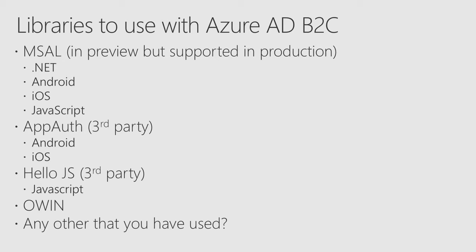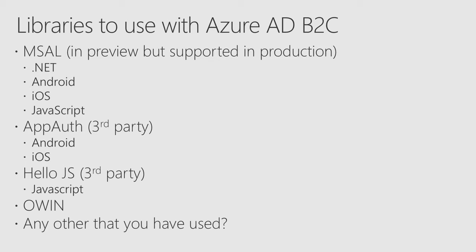So does ADAL not work with all of the B2C? The second question, you mentioned OWIN. What about the core? Oh, OWIN. Sorry. OWIN, you can use with Azure AD B2C.